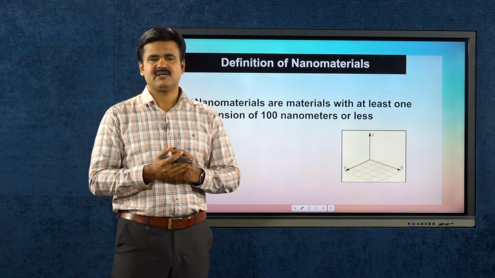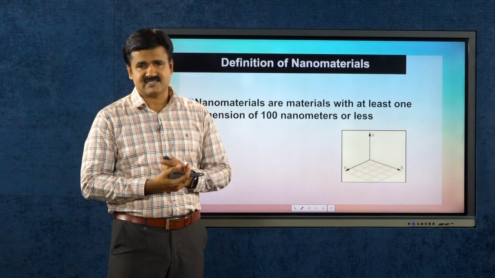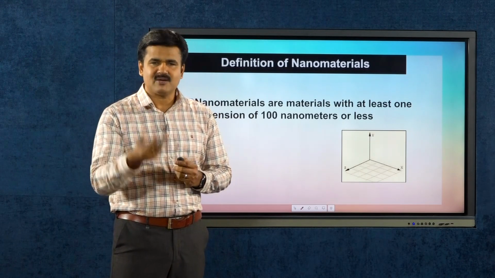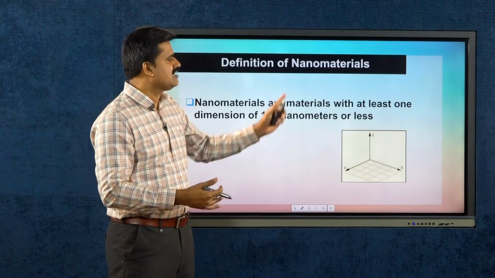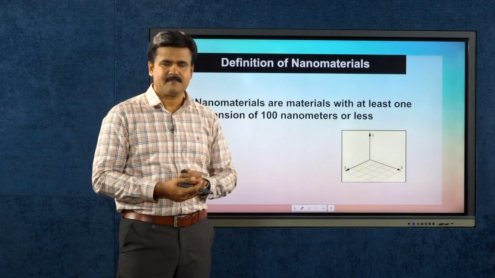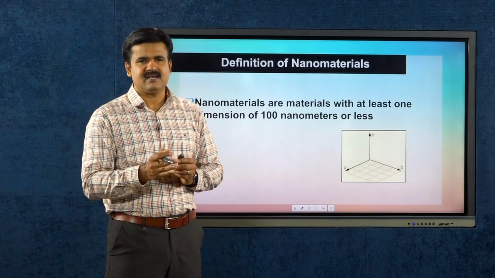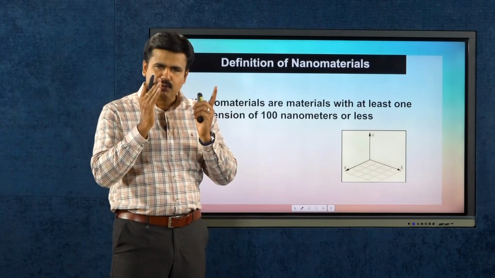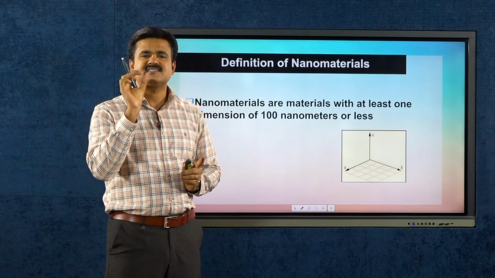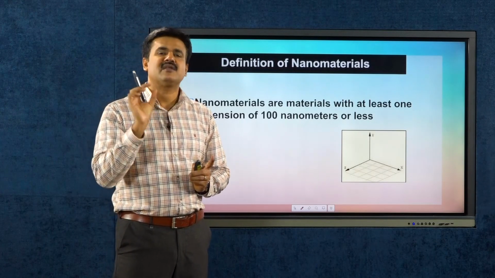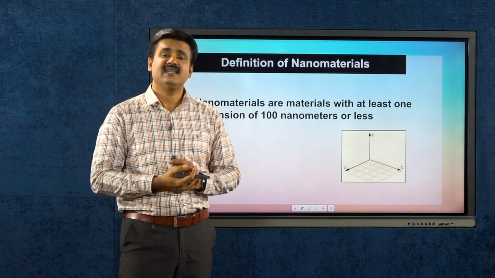You know about 3 spatial dimensions, 3 Cartesian coordinates, namely x coordinate, y coordinate and z coordinate. They are all mutually perpendicular to each other as shown here. For a material, in any one of these axes, if the size is 100 nanometer or less, then you can call such a material a nanomaterial.